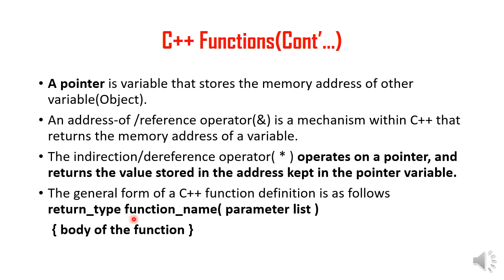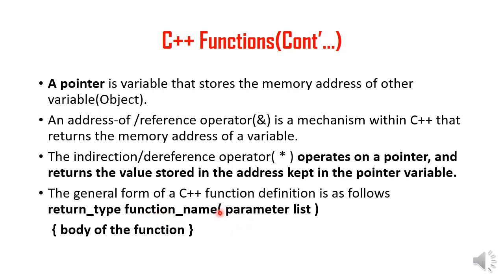Each user-defined function also must be given a function name. A function name will be any valid identifier in C++ programming, or simply any variable name respecting the variable naming rules.